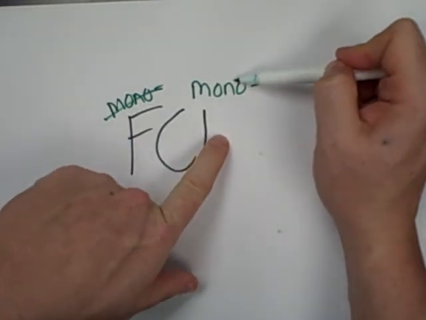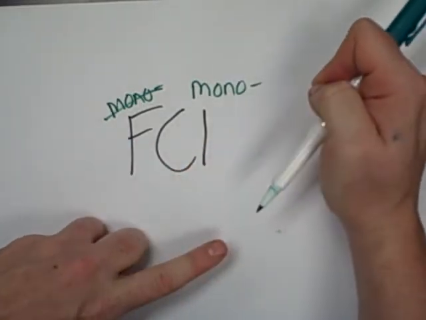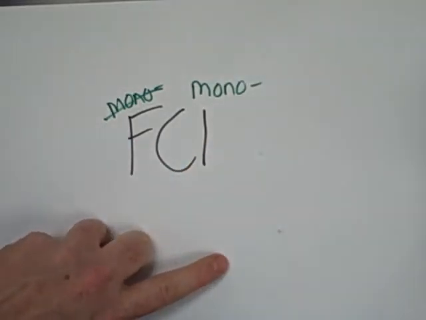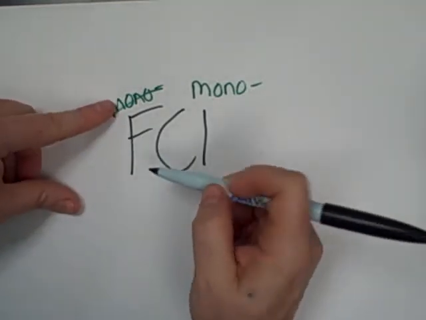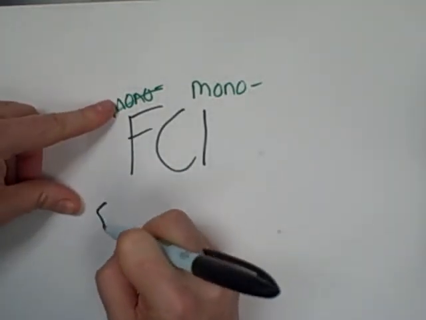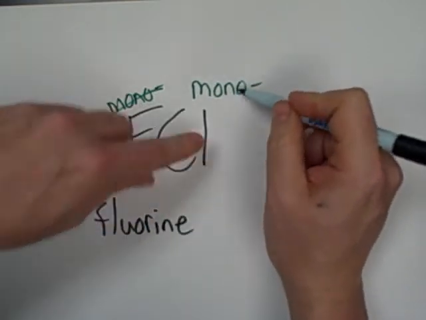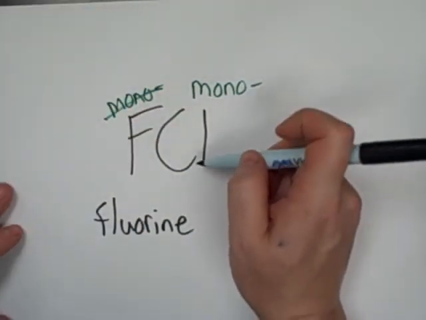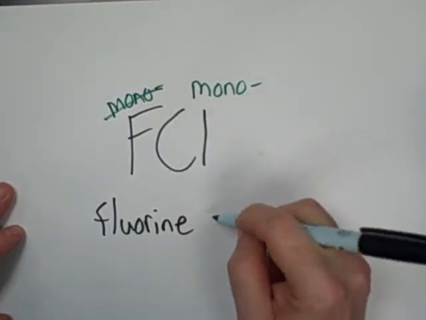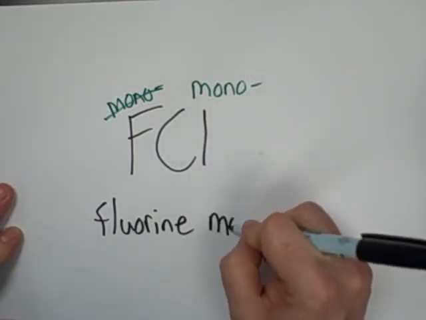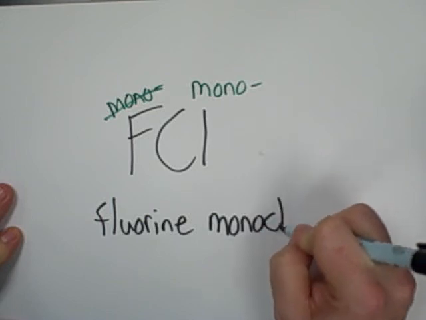We do use the prefix mono on the second word, always, no matter what it is. So instead of monofluorine, we just have fluorine. But we do put mono on chlorine, and chlorine becomes chloride, so you have fluorine monochloride.